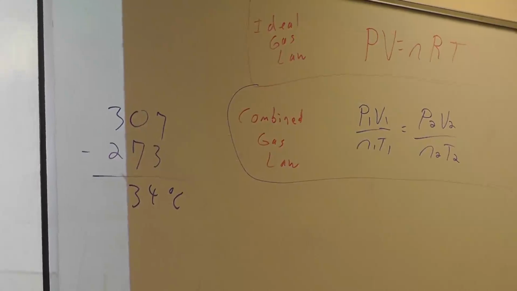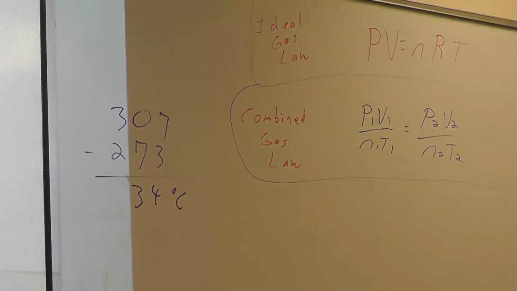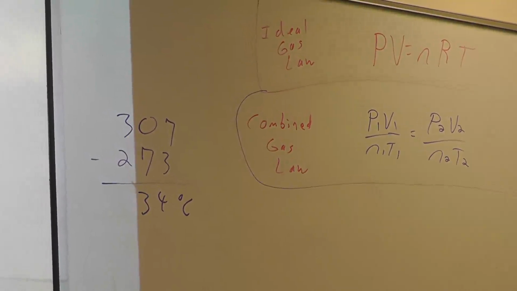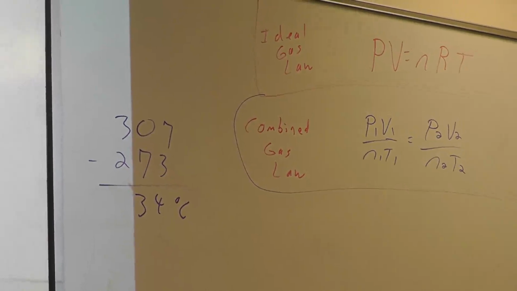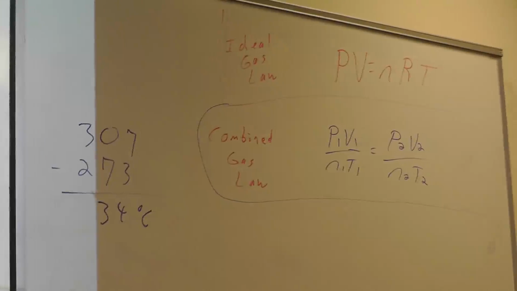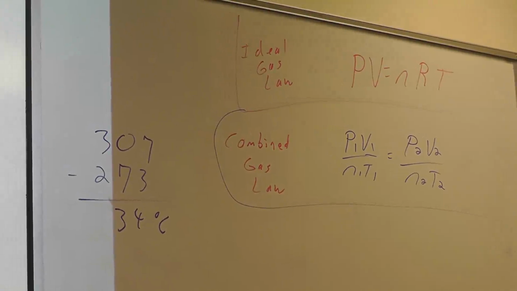Do you see that the combined gas law is really just the ideal gas law rearranged for before and after conditions? It's a rearrangement of PV equals nRT, where initial stuff equals final stuff, but they have to ratio out the same.